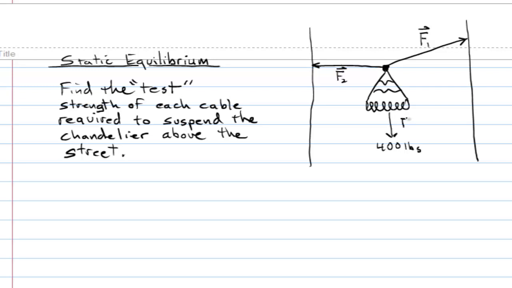I'm going to call this another vector down here. That's F3. F3 is a gravitational force of 400 pounds, so it's a vector in the vertical, well, negative vertical direction anyway. I should also say something else about these vectors.